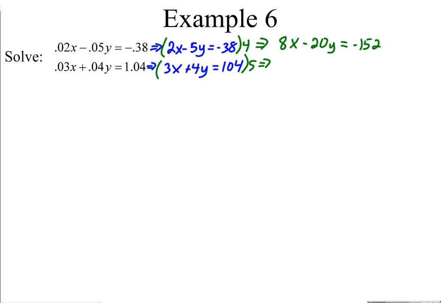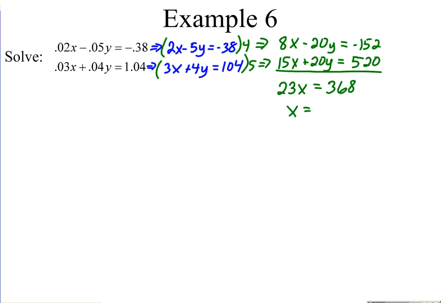When I do that, I get 15x plus 20y equals 520. Add them up. 8x plus 15x is 23x. Y's are eliminated. Negative 152 plus 520 is 368. Divide by 23, we get x to be 16.